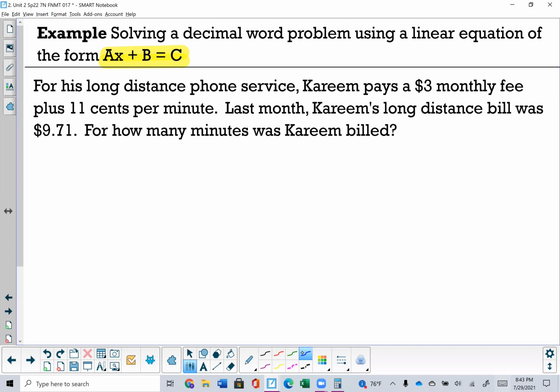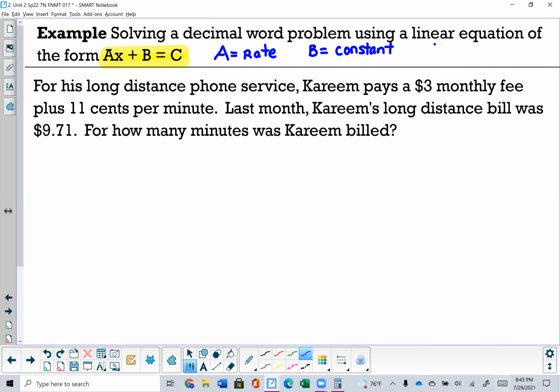So we see here, when you have this general form, the a value is going to correspond to some rate. The b value is going to be some sort of constant, like a one-time fee.